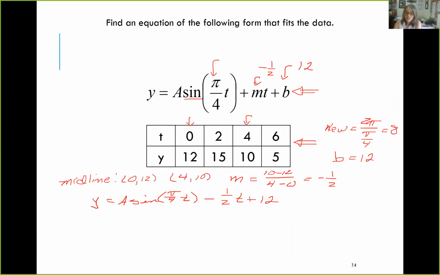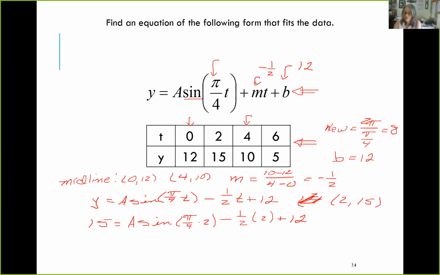To find a, we just pick a point we haven't used yet. So let's try 2, 15. Plug those in. 15 equals a, the unknown, times the sine of pi over 4 times 2, minus 1/2 times 2, plus 12.